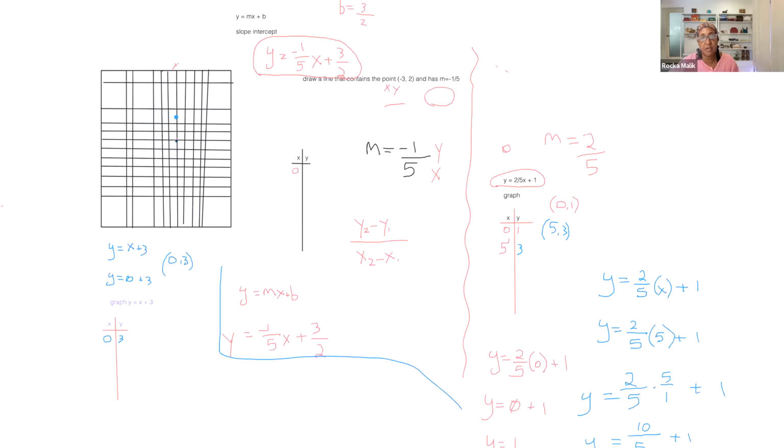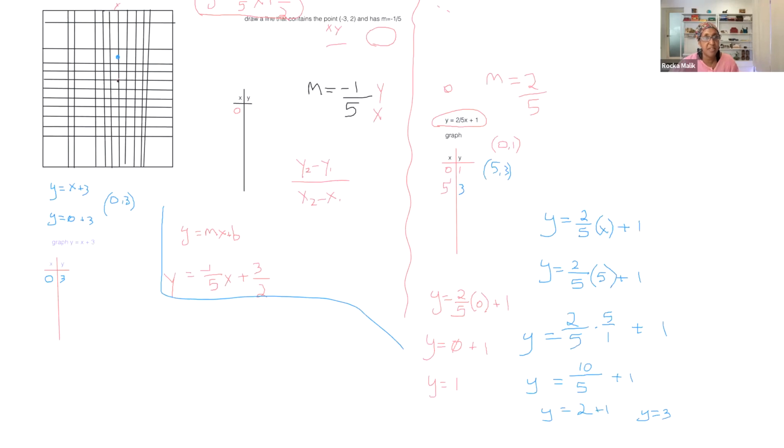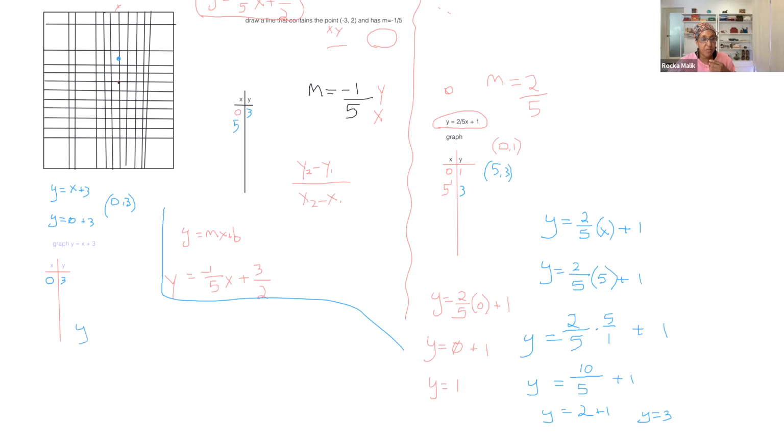And then I'll pick another number. Someone just put another number into the chat, not like 17, but something that's on the graph. That we can say if x. 5, okay. Thank you. If x is 5, let's see what my value for y will be.